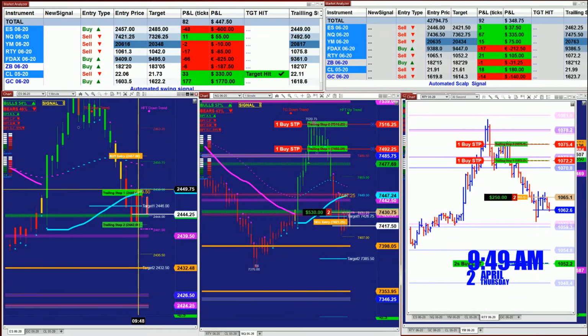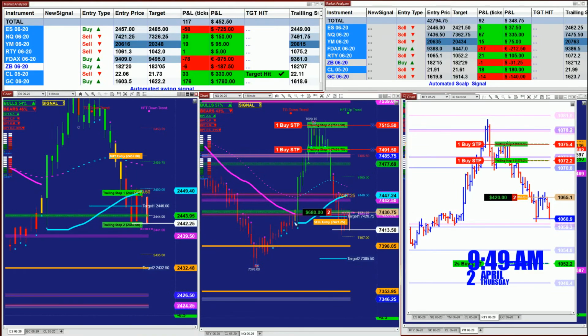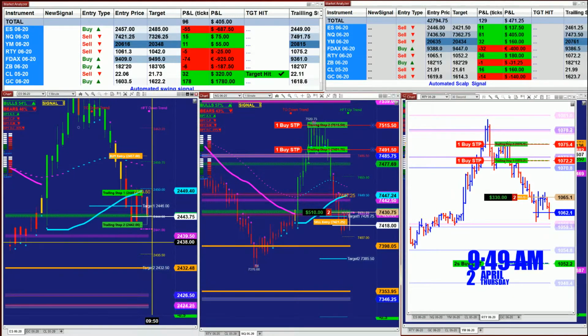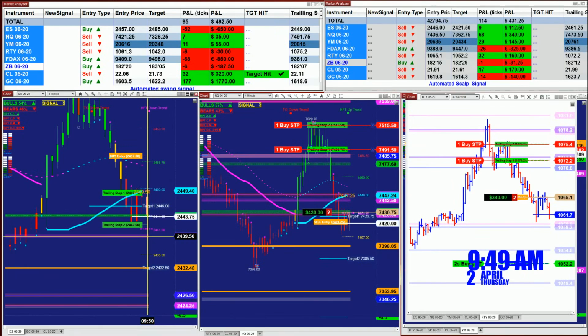Whether you are taking a short, it's going to be a nightmare trade. The only time that Nasdaq is going to run is if we see the ES breaking the 2439.50. Once this key area on the ES breaks 2439.50, the market is going to hammer to the downside.